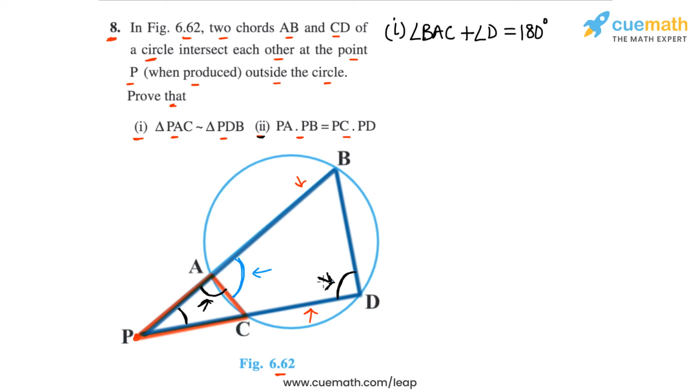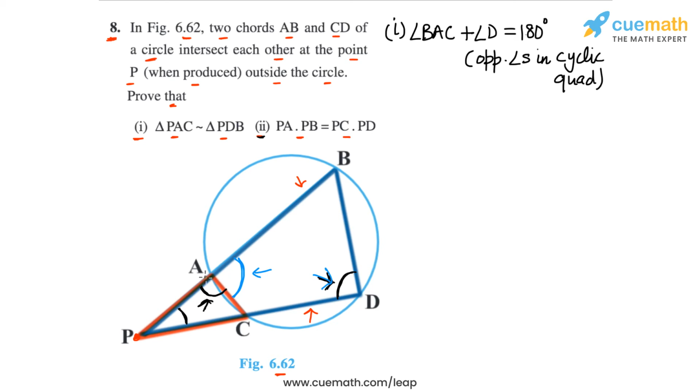This angle plus this angle at D, their sum must be 180 degrees, and that is because in any cyclic quadrilateral, the opposite angles are supplementary. So ABCD is a cyclic quadrilateral, so angle A plus angle D must be equal to 180 degrees. So let's write the reason: opposite angles in a cyclic quadrilateral. So this is the reason for this thing.